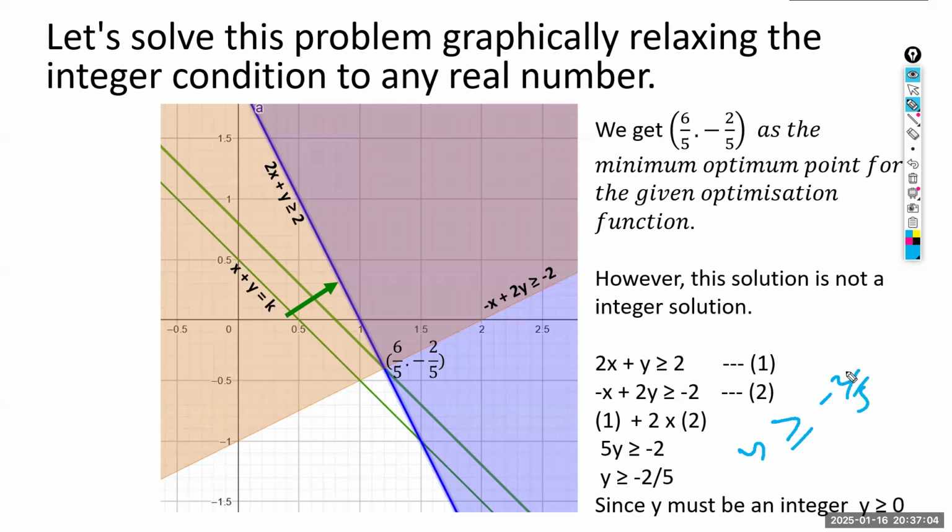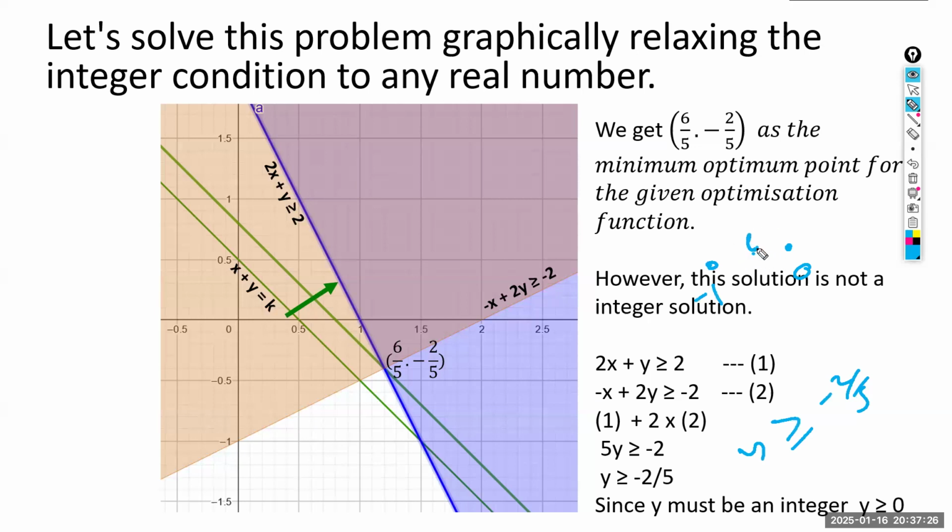This is a number between 0 and minus 1. That number must be bigger than a number between 0 and minus 1, right? So that means it must be bigger than 0, because this kind of value can't be a solution.